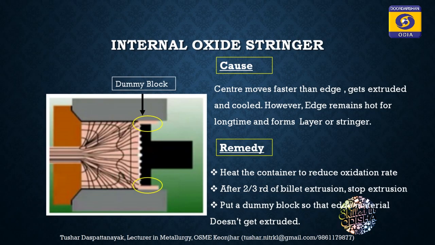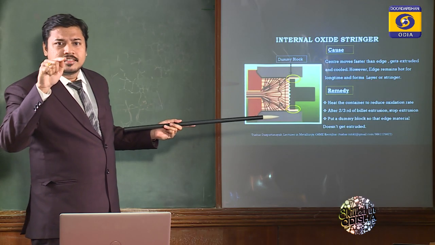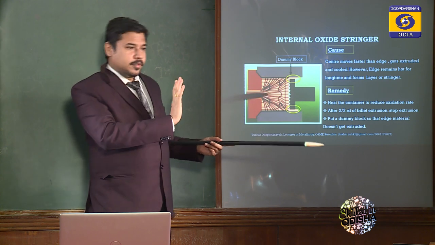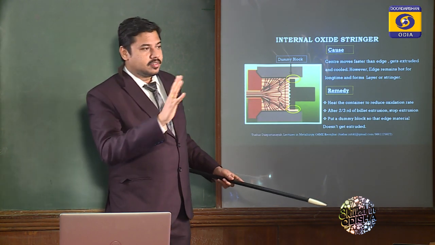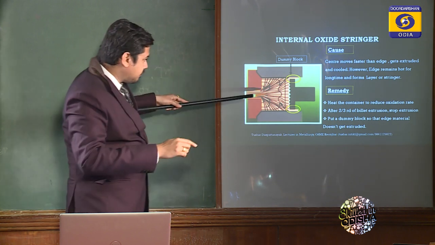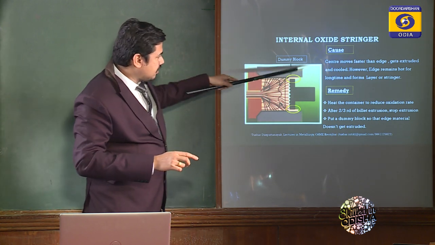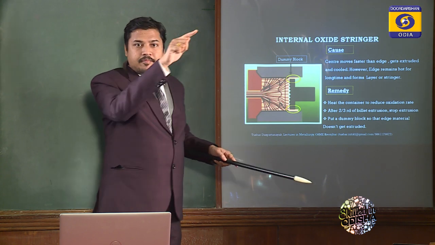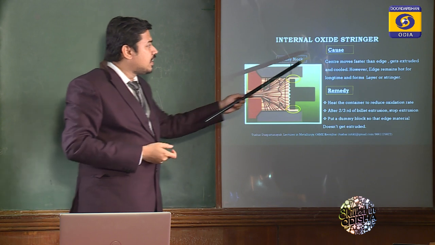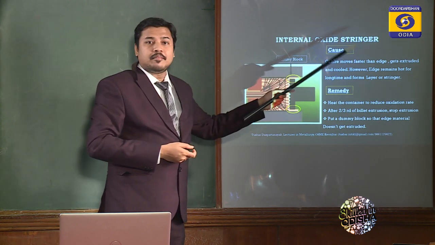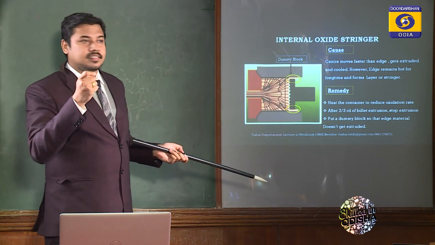As the name suggests, it's a stringer. Stringer means like a staircase. You know, if you look at a staircase from the back side or a side view, you get this kind of shape. So oxide stringer means metal oxide stringer.